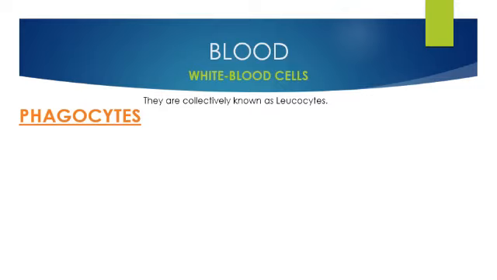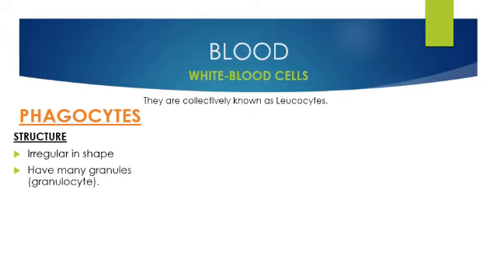Phagocytes are a type of white blood cells that fall under granulocytes. Granulocytes are simply white blood cells that contain granules. So under structure, we obviously know that phagocytes are going to have granules. But before that, let's talk about their shape. Phagocytes are irregular in shape. This is because of their function that we'll later talk about.